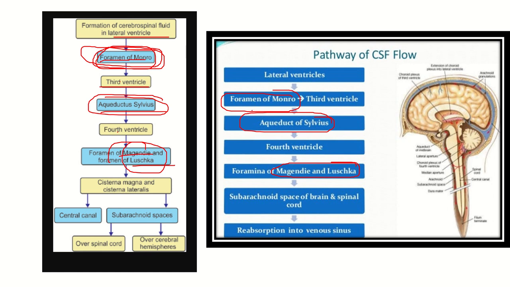So the foramen of Monro is responsible for lateral ventricle to third ventricle, the aqueduct of Sylvius for third to fourth ventricle, and Magendie and Luschka convey cerebrospinal fluid from the fourth ventricle into the subarachnoid spaces.